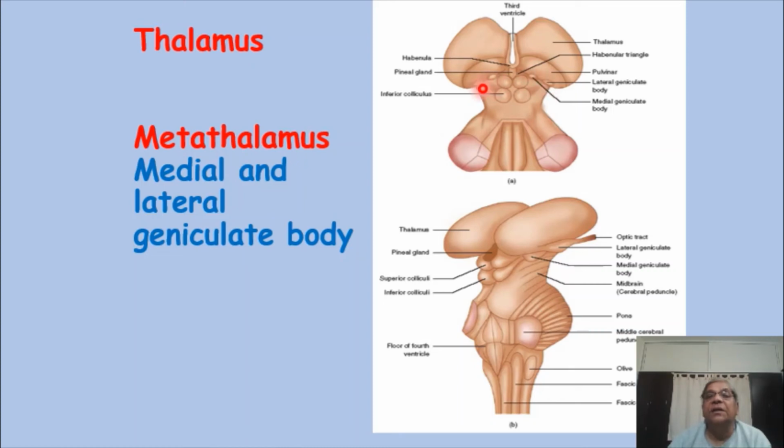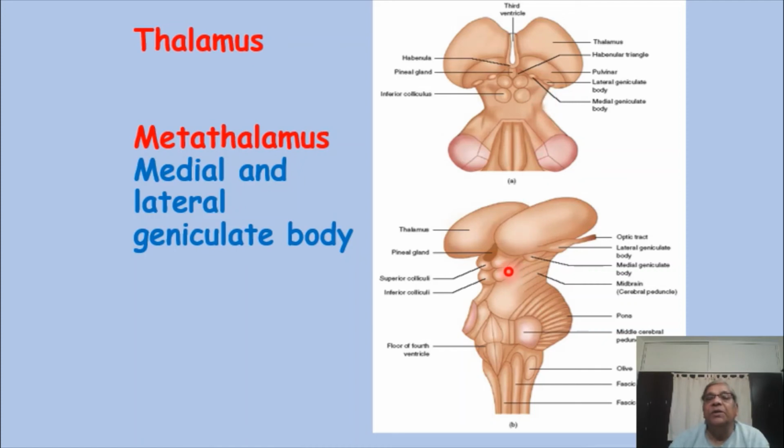These two swellings are the medial and lateral geniculate bodies, and these are called the metathalamus. So the dorsal diencephalon was divided into two parts, thalamus and metathalamus. So these are the metathalamic parts here. The second part was the medial and lateral geniculate body.